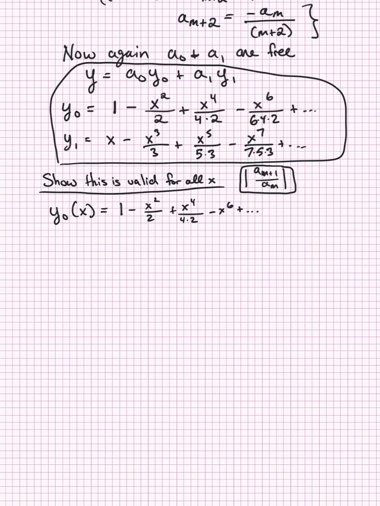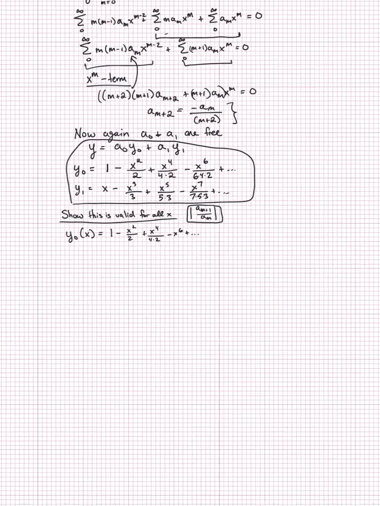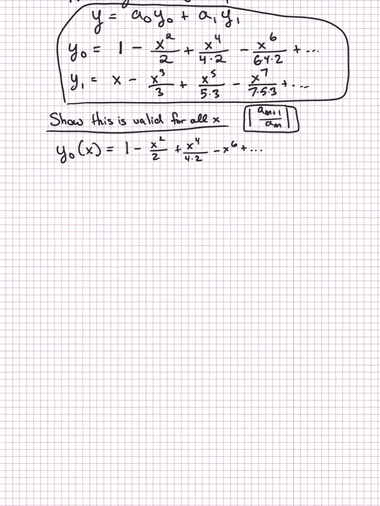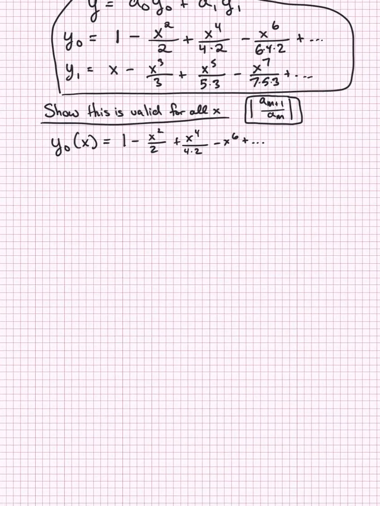Then y0 of x is really y0 prime of x squared, where y0 prime is exactly this, but with the coefficients changed.